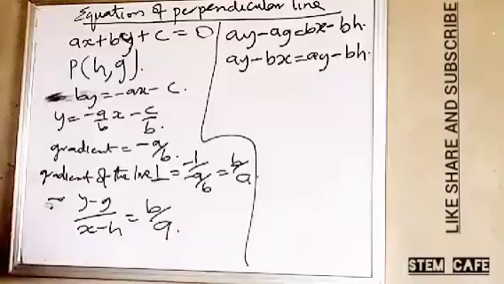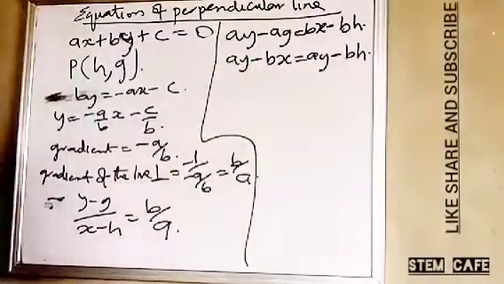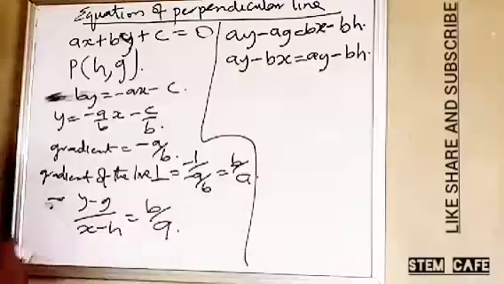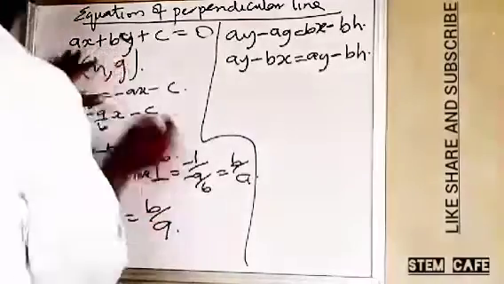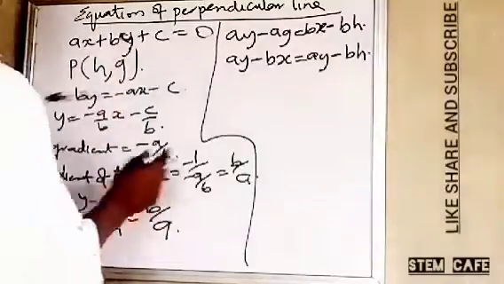So if you compare this equation with the initial equation, you will see that the coefficients of x and y changed and one became minus. So if I want to find the perpendicular line without going through all this stress, all I need to do is interchange the coefficients of x and y.